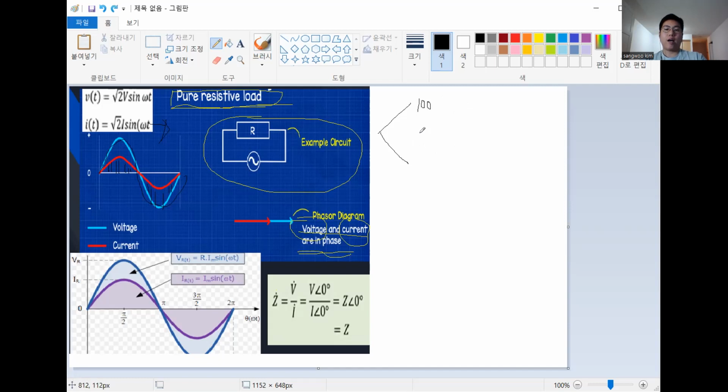Look at this. It has its own instantaneous values. This peak point is the maximum, and we say sine omega t is the instantaneous value, but we want it as a phasor.